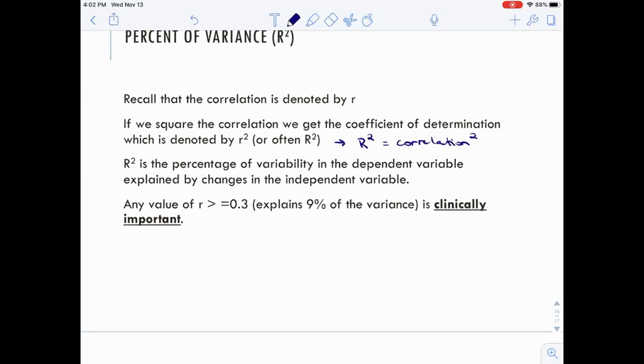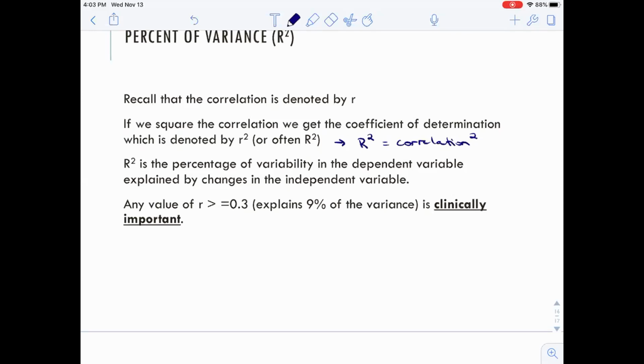This is where we need to get really picky about whether we're talking about the correlation or the coefficient of determination, R². Any correlation larger than 0.3 is where we start talking about a moderate relationship versus a weak relationship. So any correlation larger than 0.3, the start of a moderate relationship, is clinically important.